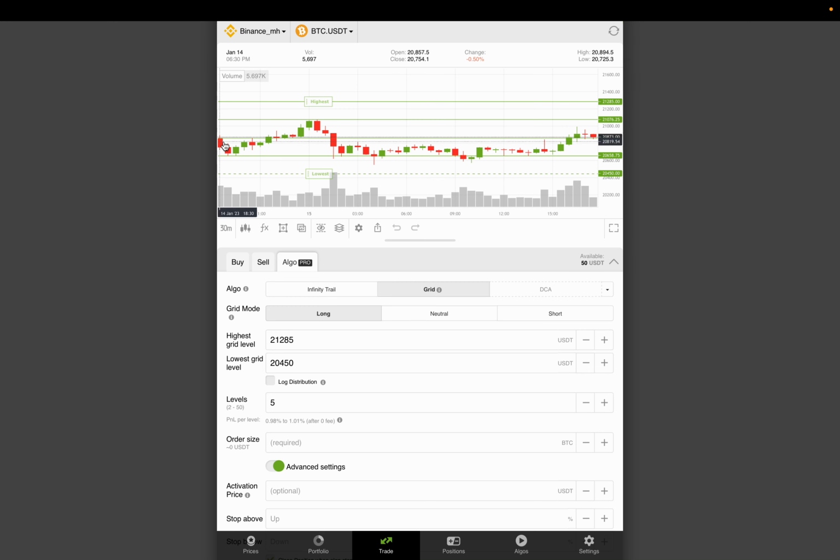You already bought some coins and you'll buy more on the way down, so you'll have double the amount of coins. So again, don't be fooled by the exchange bots. When you trade on spot, they tell you, just check this checkbox and we'll buy the coins for you. What you're actually doing is placing a long grid without probably realizing that.